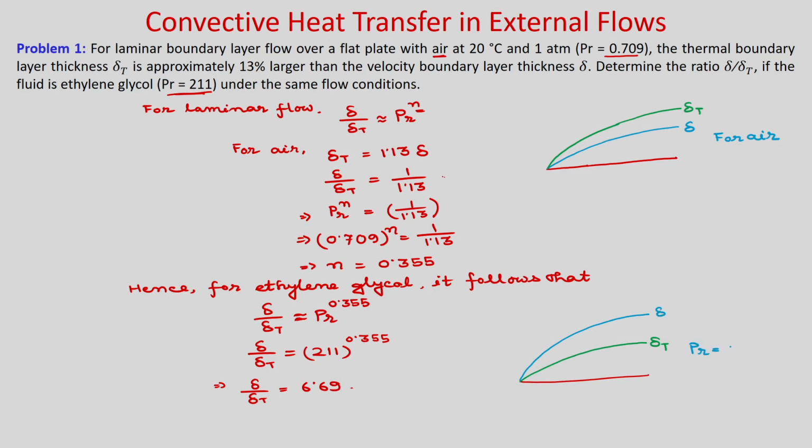Prandtl number in this case is 211 for ethylene glycol, and this is for Prandtl number 0.709. So, let us take the second problem.